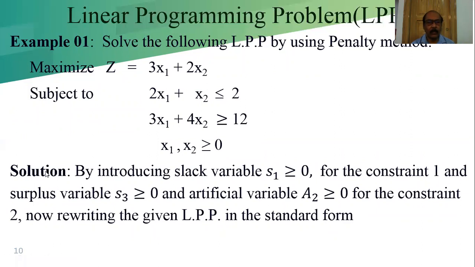So now, by introducing the slack variable s1 greater than or equal to 0 for constraint 1, and subtracting the surplus variable s2 greater than or equal to 0, and the artificial variable a2 greater than or equal to 0, I am writing a2 to mention that it is the artificial variable corresponding to constraint 2. That way we can easily understand that a2 is the artificial variable for constraint 2.